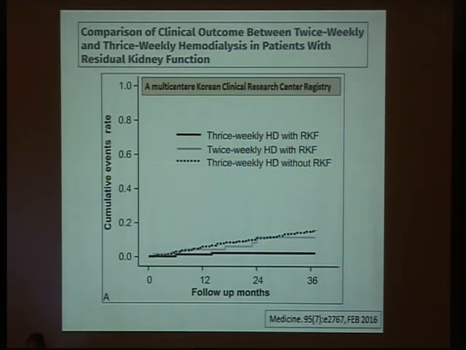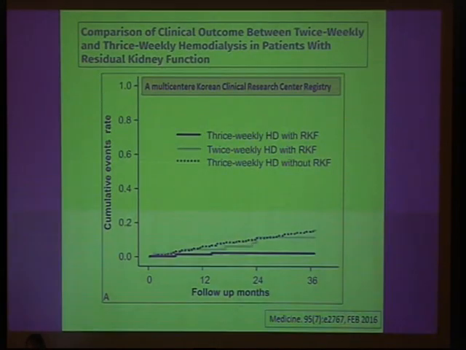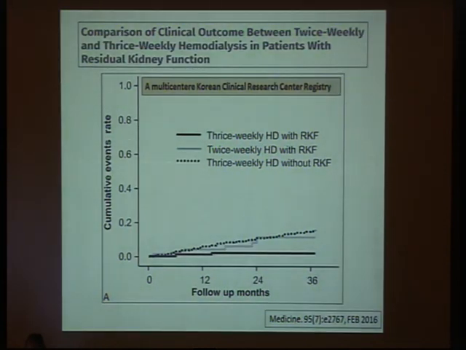But there is always an exception to the rule. Here, in this multi-center Korean Clinical Research Center registry, thrice-weekly hemodialysis patients with and without residual renal function were compared to twice-weekly hemodialysis.